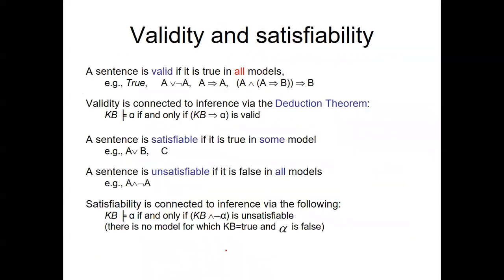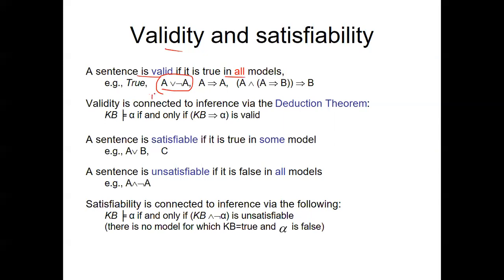Right. Okay. So now let us try to understand what is meant by validity and what is meant by satisfiability. We say that a sentence is valid if it is true in all models. In a given world, in all the models, if it is true, then we say it is valid. For example, A or not A. Surely it will be true for all the cases.